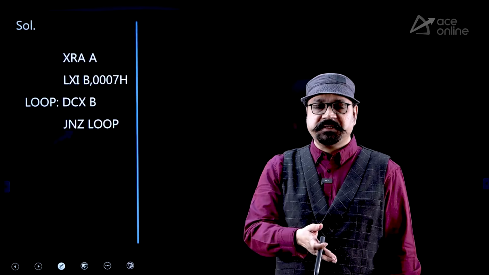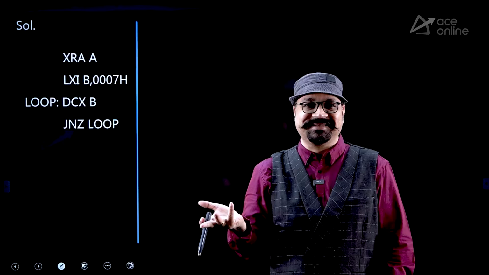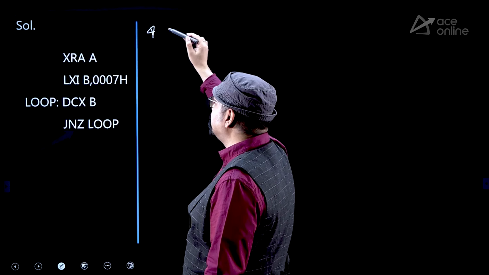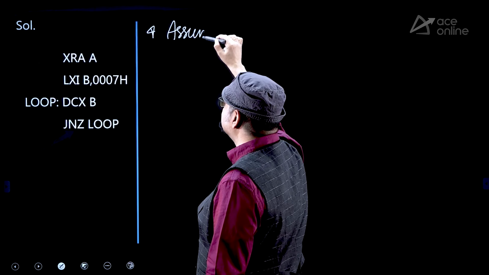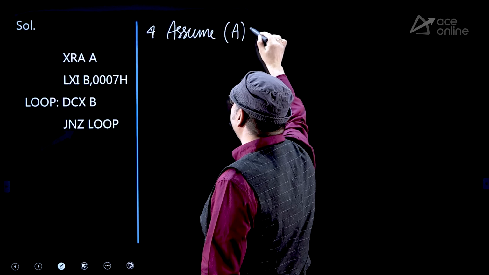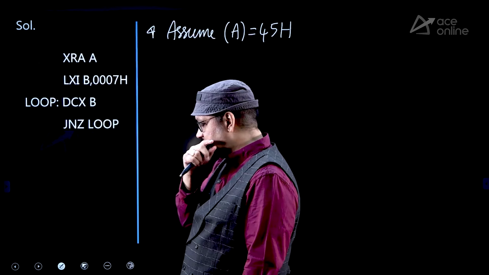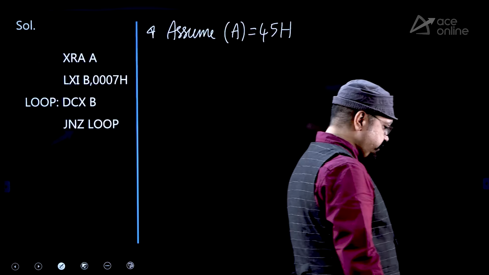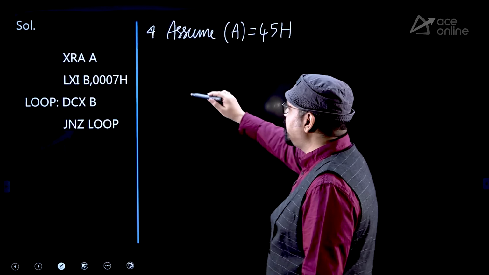If your logic is matching properly, it is working out, then your execution is happening, then you will get the correct answer. Let's see, XRA A. I think the number in the accumulator is not given, so I am assuming some number, 45 hexa. Normally in the classroom, I take 45 hexa in the accumulator. Accumulator is initialized with 45 hexa. What does XRA A stand for?